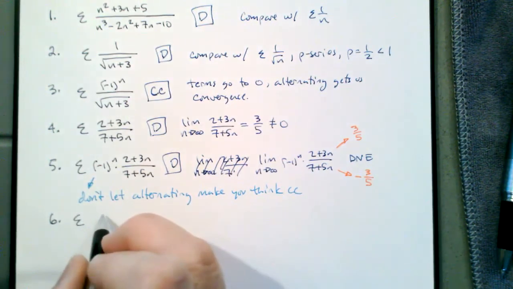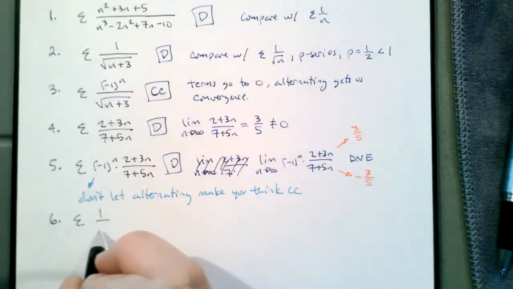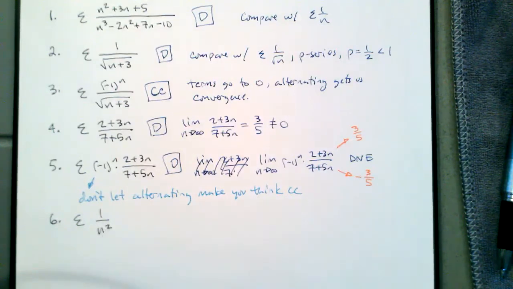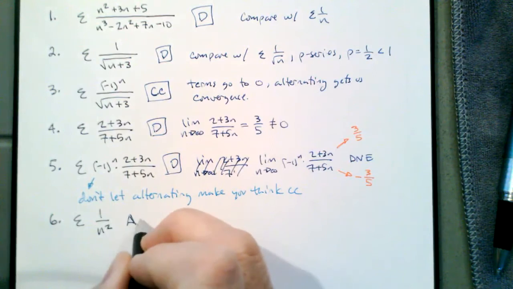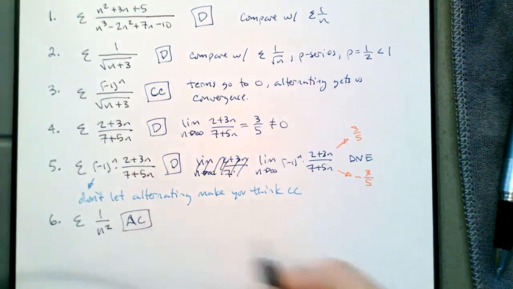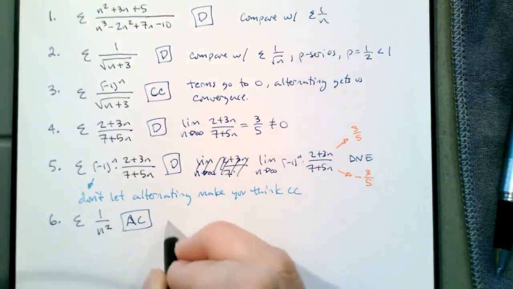Here's another favorite 1-2 punch. So we know that the series 1 over n squared converges, and all the terms are positive, so we get absolute convergence. Oops, not delta convergence, absolute convergence. We get convergence with the p, it's a p series with p equal to 2.